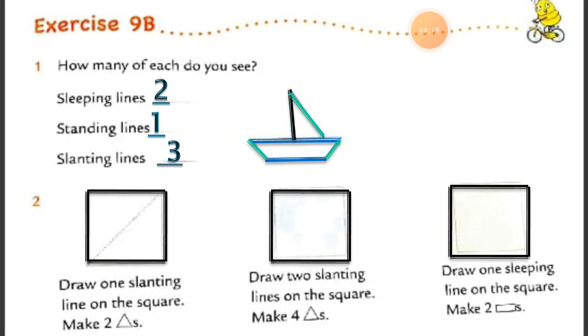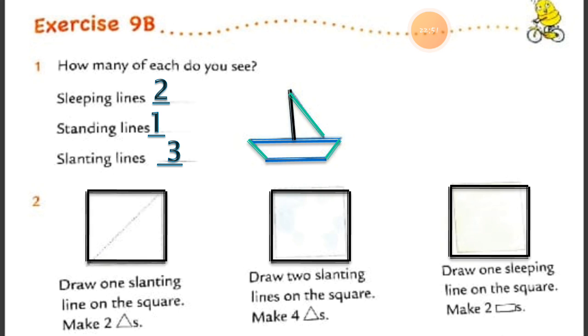And the instruction is also given about what we have to draw. Which lines we have to draw in the square and which shape we have to make by using the different lines. To solve this question number 2, we have to follow the instruction which is given below the square.